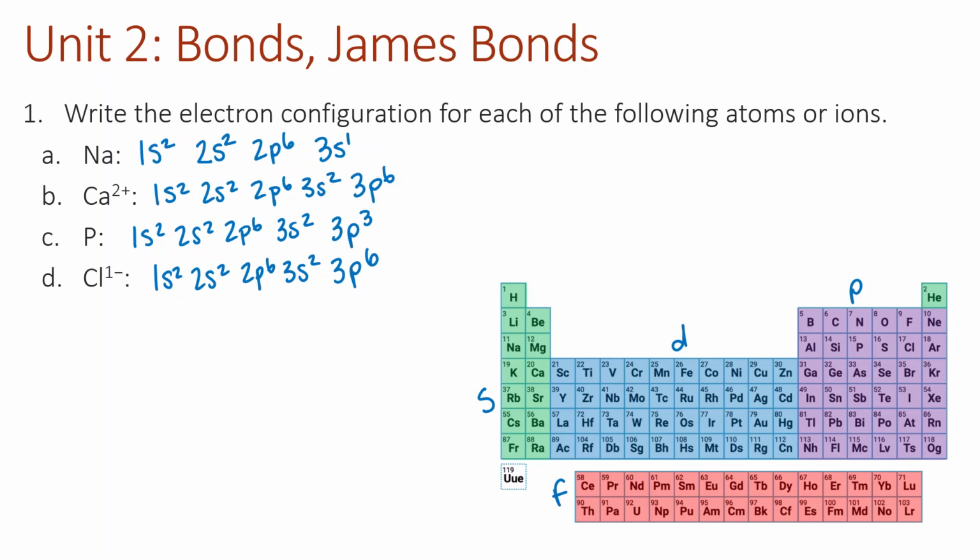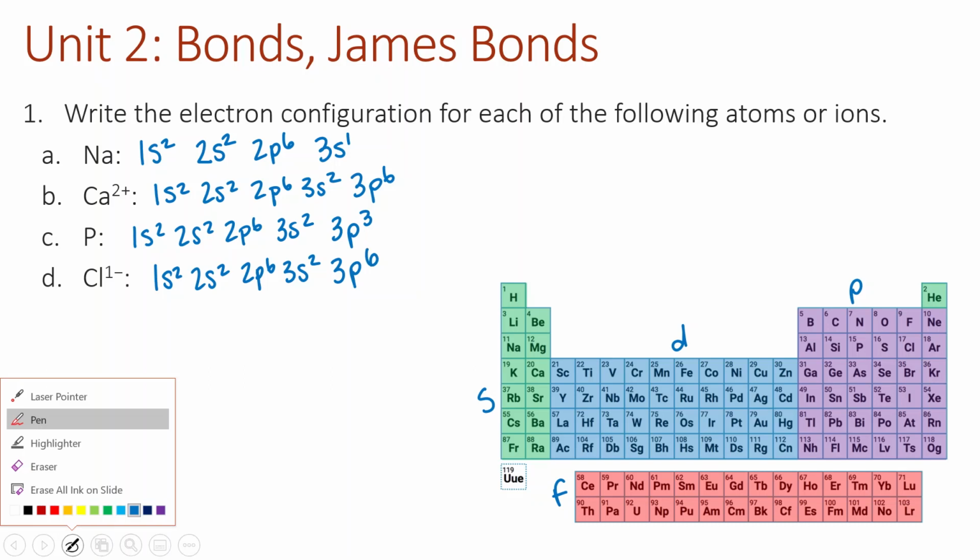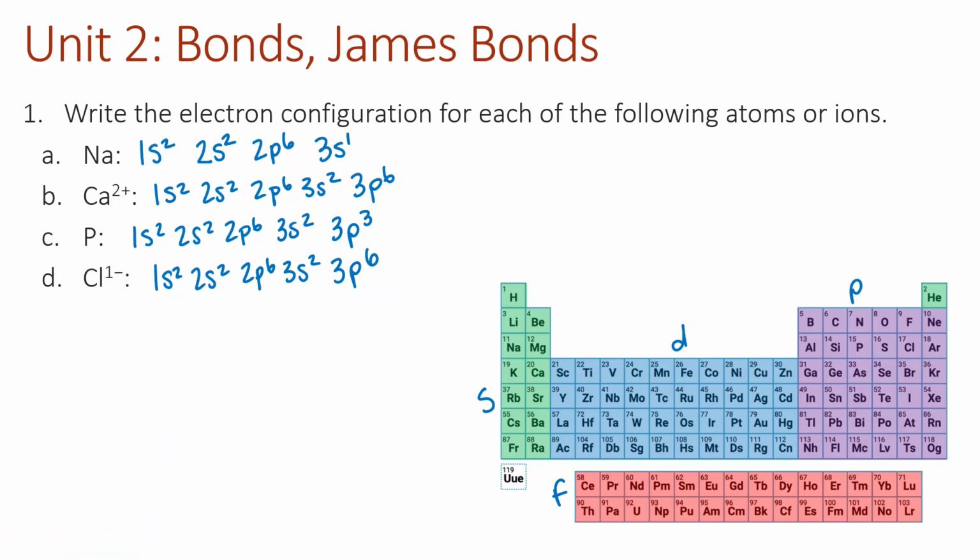So whenever we look at the number of valence electrons that are present in each shell, my valence shell is the highest energy level. Now sometimes that's split between S and P, so make sure you include both of those. But when we look at the number of valence electrons here, sodium has 1 valence electron.